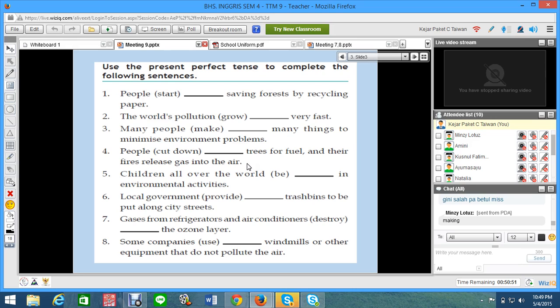Okay. Number 3, who wants to try? Please. Ya, verb 3 dari make adalah made.